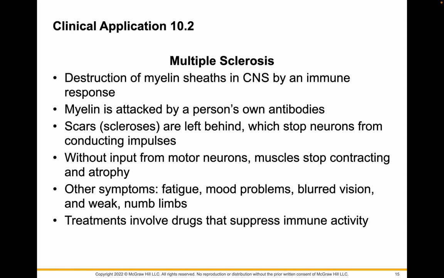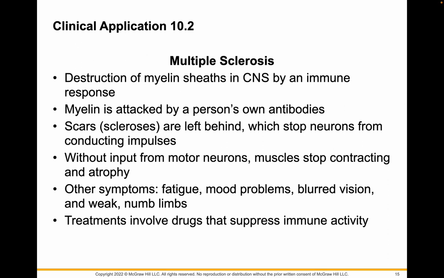Multiple sclerosis, star this. I think this is on your test. This is where the myelin sheath is destroyed by your own antibodies. The antibodies tag the myelin sheath as foreign, and your body starts to fight them, and it leaves these scars. And that stops the neuron from conducting the impulses. So without input from motor neurons, muscles stop contracting.